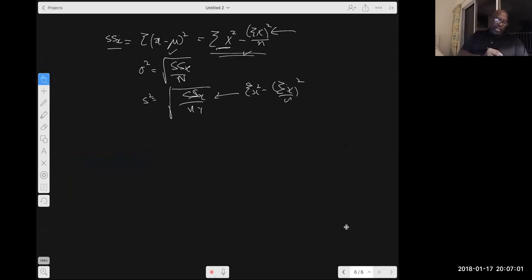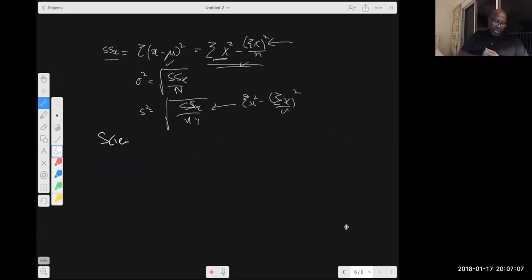So for our sample problem, in terms of science teachers, it turns out that the sum of our x's is 707. The sum of the x squareds turns out to be 35,549.